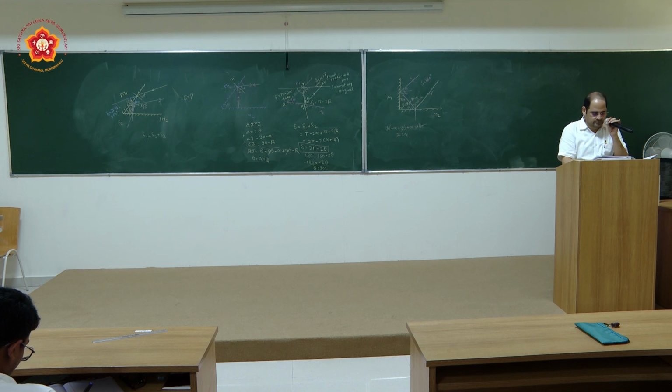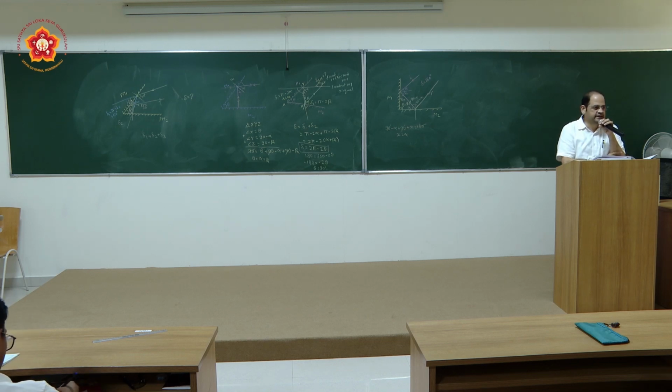Part B, small n equal to m minus 1, if object is on the bisector of the mirror. So have you understood the second case now?